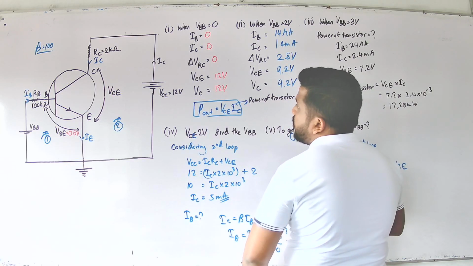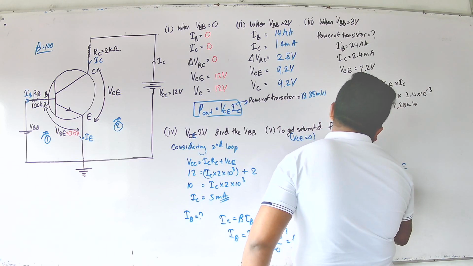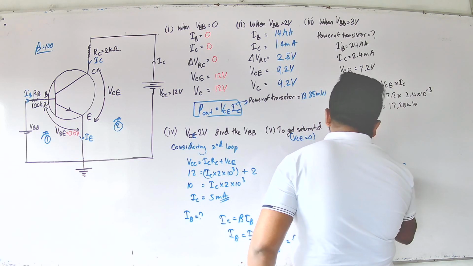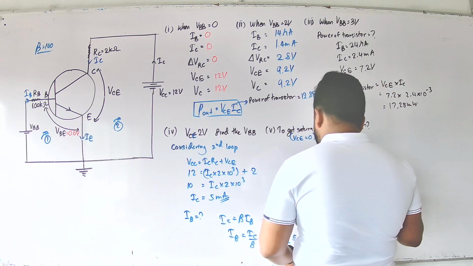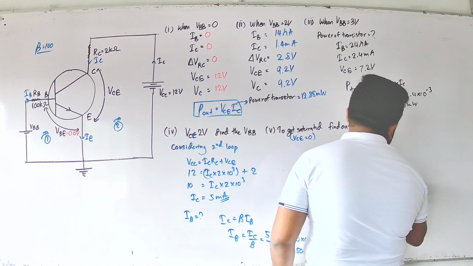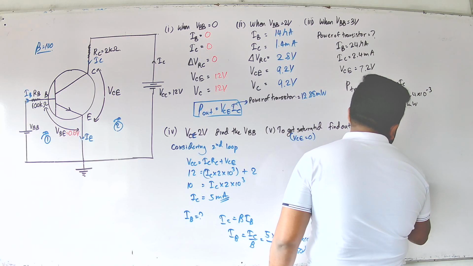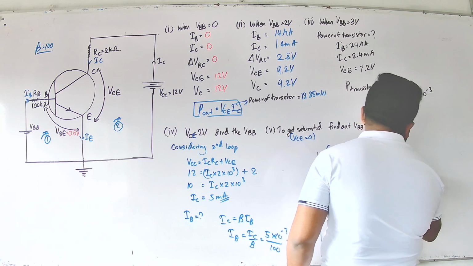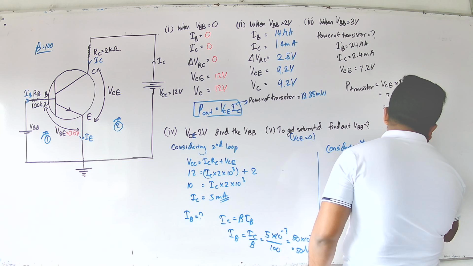IBRB is 100 kilo ohms into IB, 100 × 10^3 times 50 × 10^-6, plus VBE 0.7.